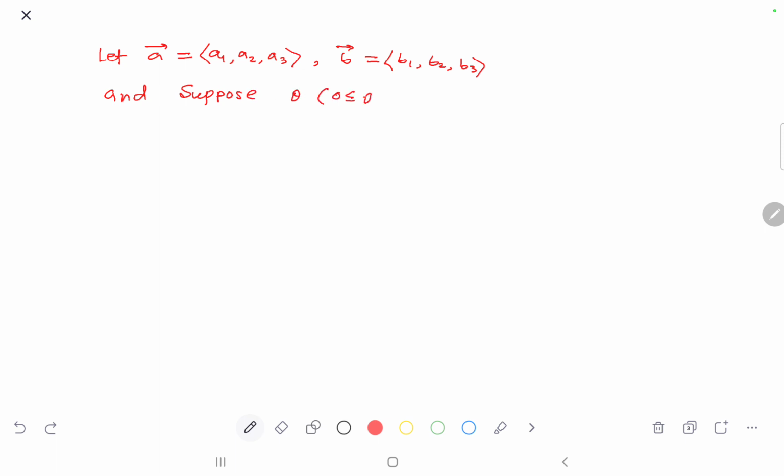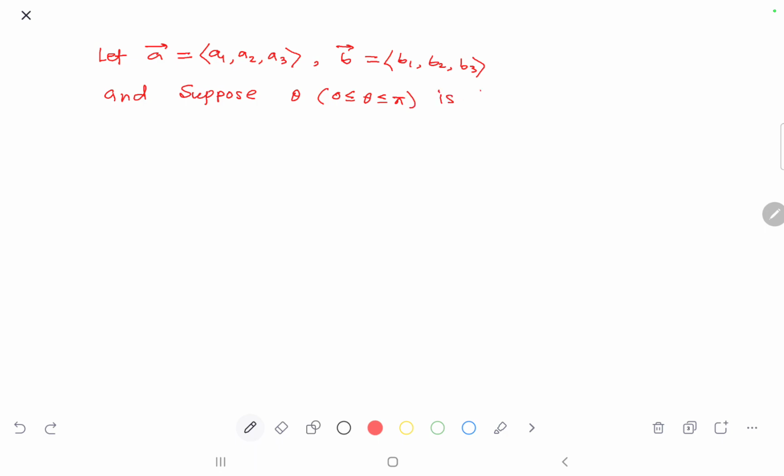The next concept is this. So let we have two vectors. Let A vector has components A1, A2, A3, and B vector has components, let's say B1, B2, B3, and suppose theta is the angle. Of course, theta is in between 0 to pi. Pi means 180 degrees.